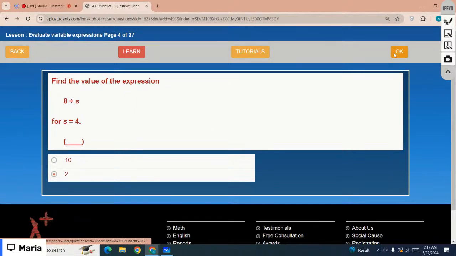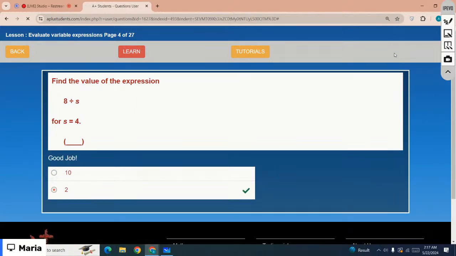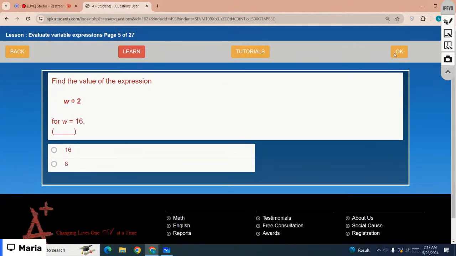Very good. Find the value of the expression w divided by 2 for w equals 16.